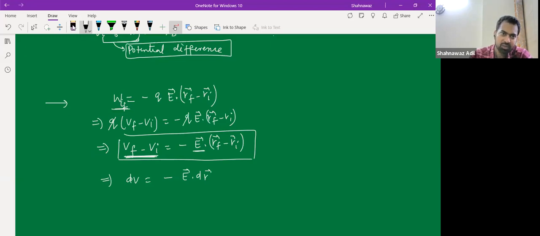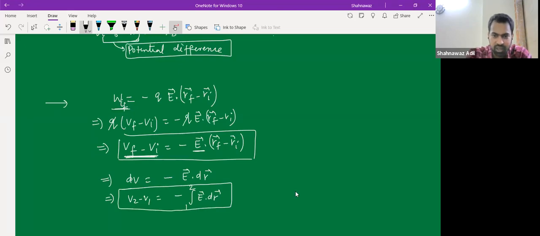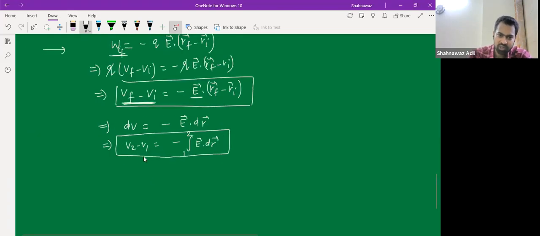If I integrate on both the sides, this would be V2 minus V1 equals minus integral of E dot dr, from 1 to 2. This is the relation between potential and electric field.